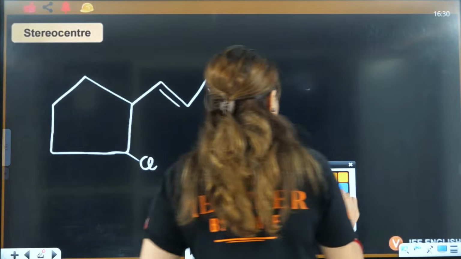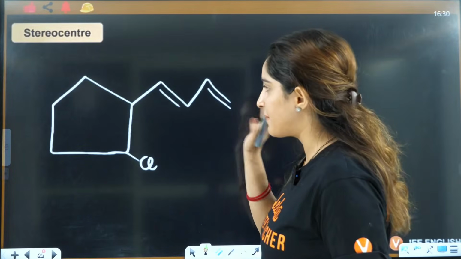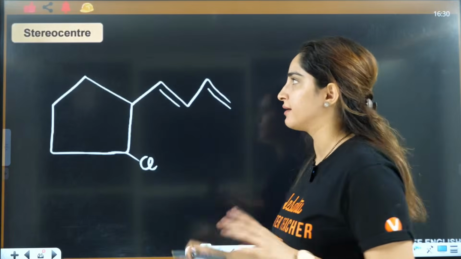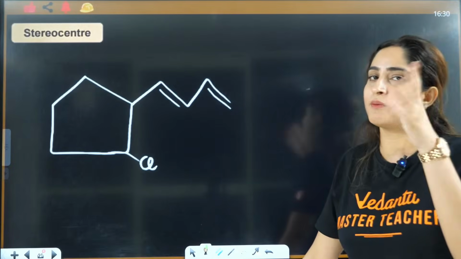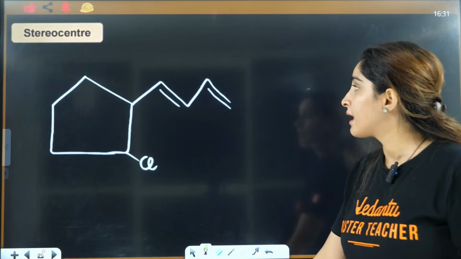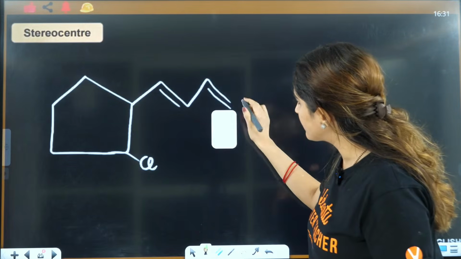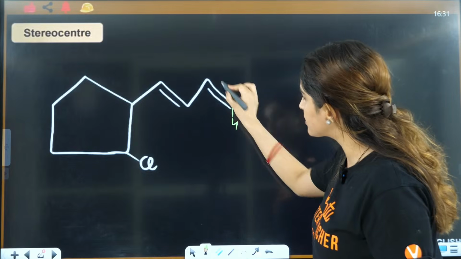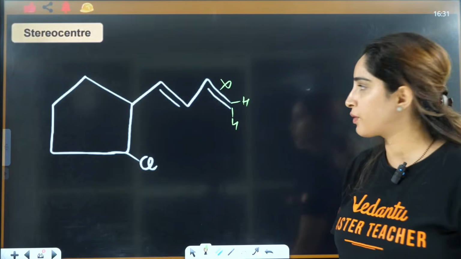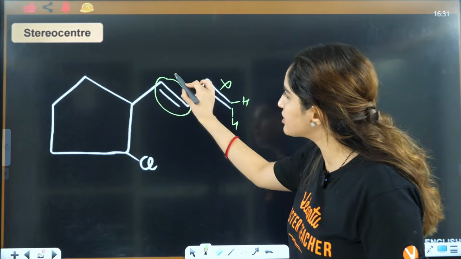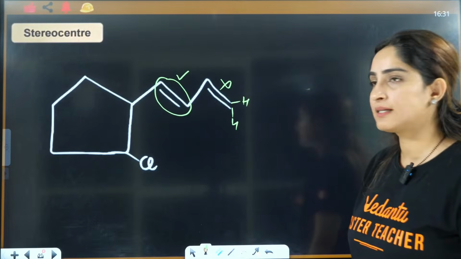If I want to write the stereo center here, it will be symmetry. Let's calculate everything here. Let's calculate the number of stereoisomers, number of GI sites, everything. So this double bond, if you see, this is hydrogen, this is hydrogen, this is not a GI site, okay? This double bond is a GI site, right?